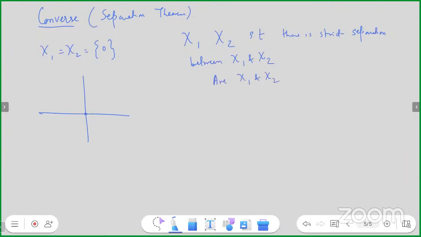Chi1 and chi2 is joined. If there is a strict separation, then you are easy. You still need something.